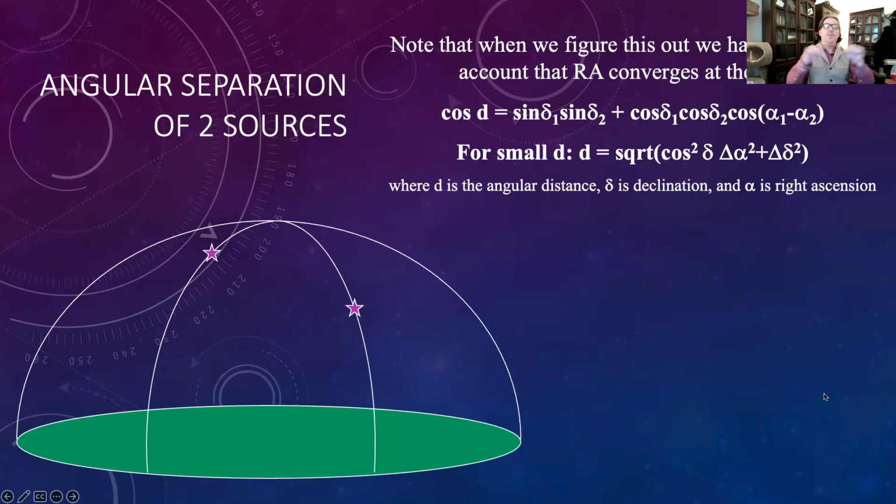Effectively, how big a chunk of the sky can you see in one exposure of your camera attached to your telescope? And then you can calculate what the angular separation between two objects is, and if that angular separation is smaller than the field of view of your camera, then you can observe both objects at the same time.